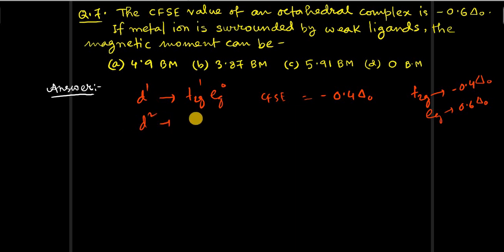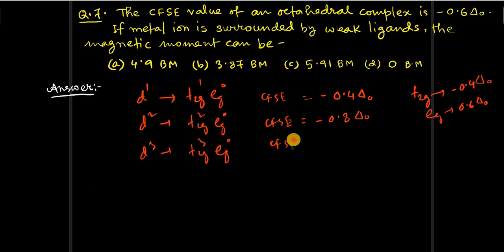If you take d2, it will be t2g2 eg0 under weak field. So CFSE will be 2 into minus 0.4, so minus 0.8 delta O. For d3 similarly, it will be t2g3 eg0. So CFSE will be minus 1.2 delta O. Now come to the d4 configuration.